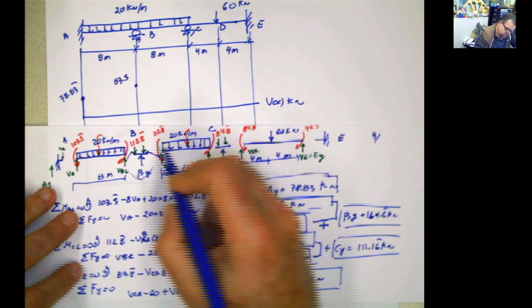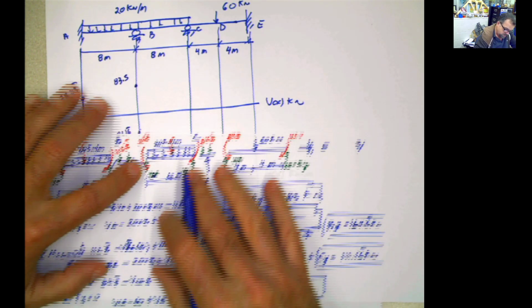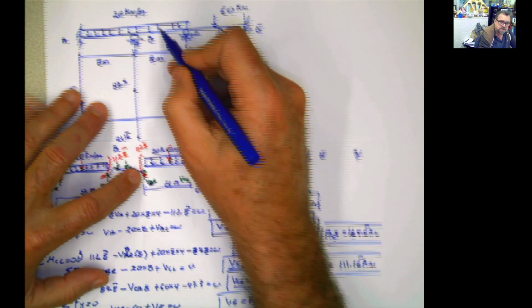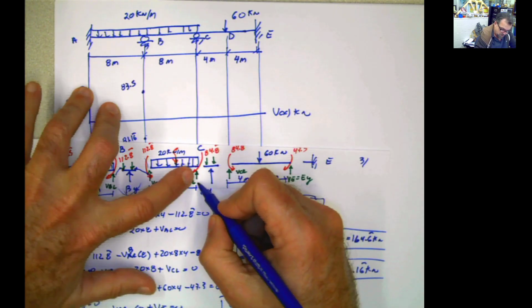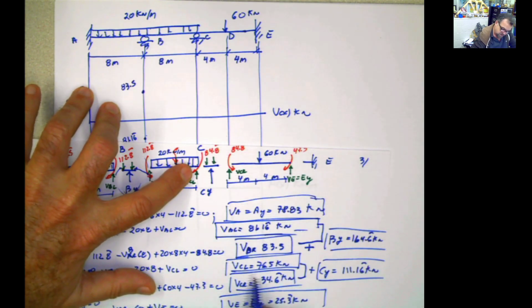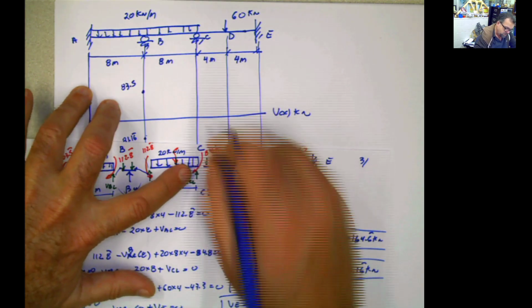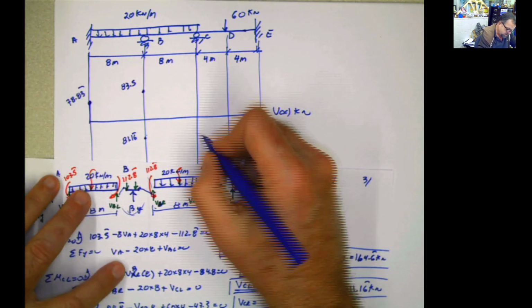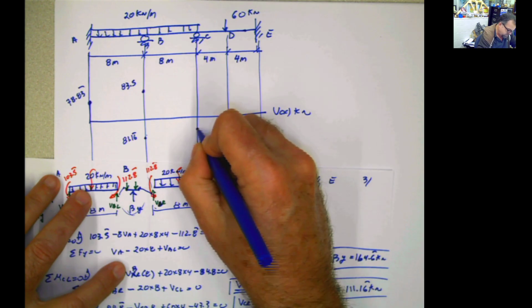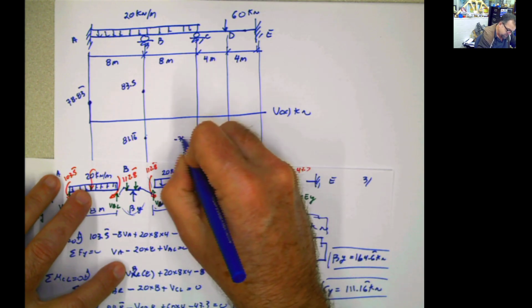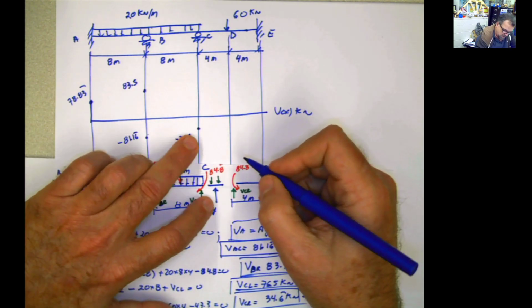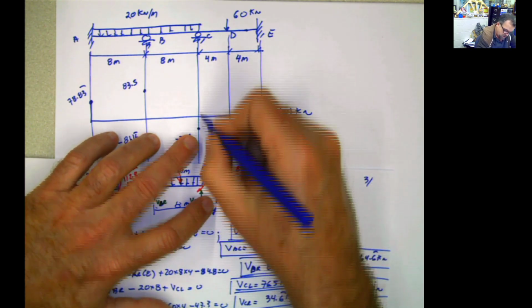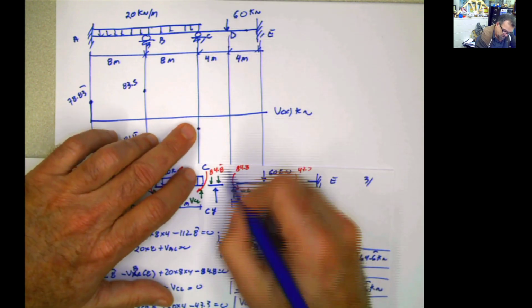And then once you have that value for VBR, which is this one here, once again the load is going to be affecting it down, and it's going to reach up to this point, and VCL is going to push it up. So that means that the value here should be negative 76.5. So this can push it up. When I come here, I find the value for this reaction here.